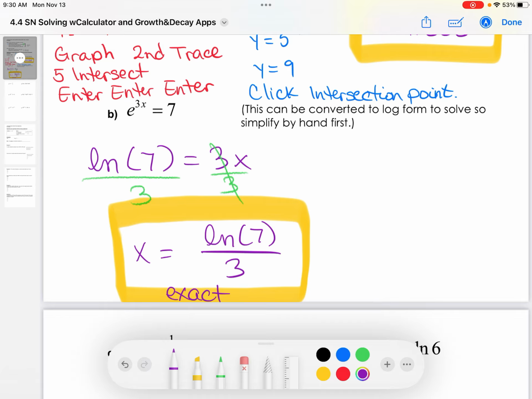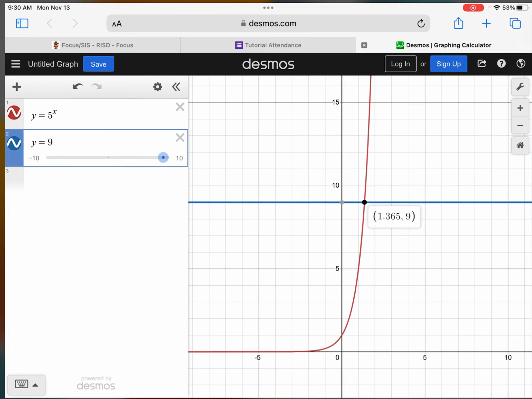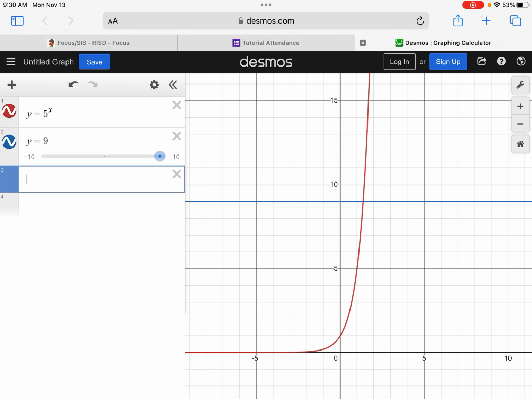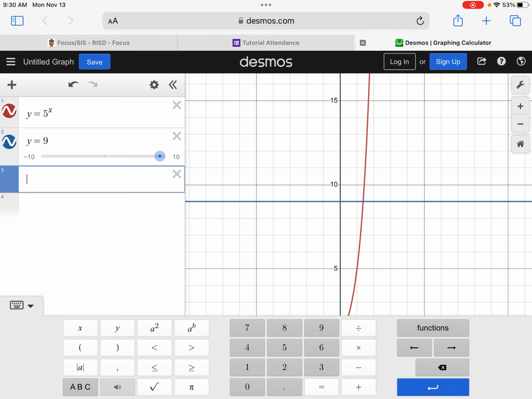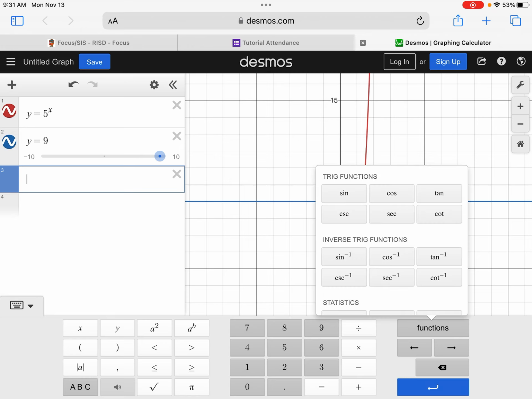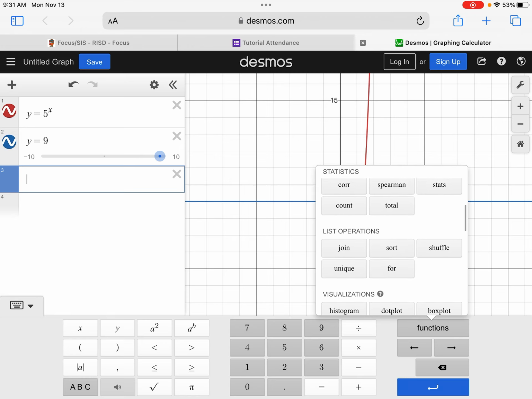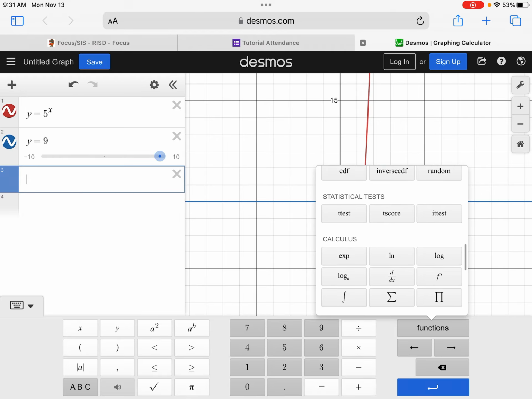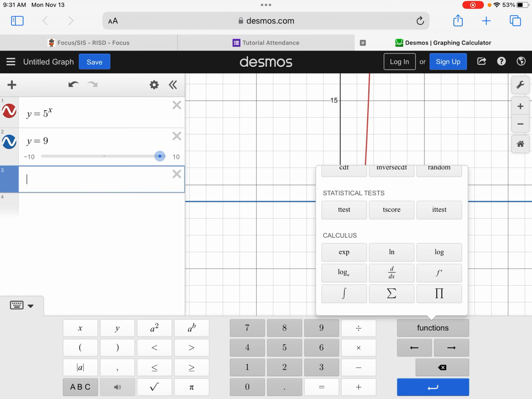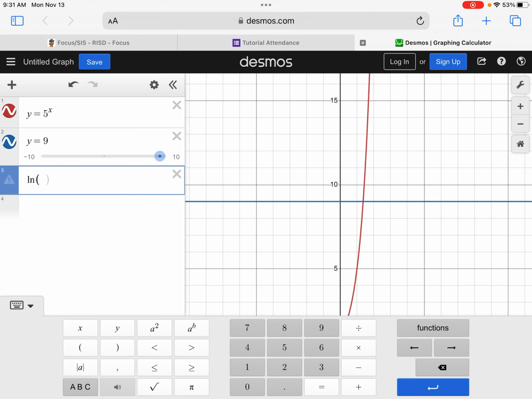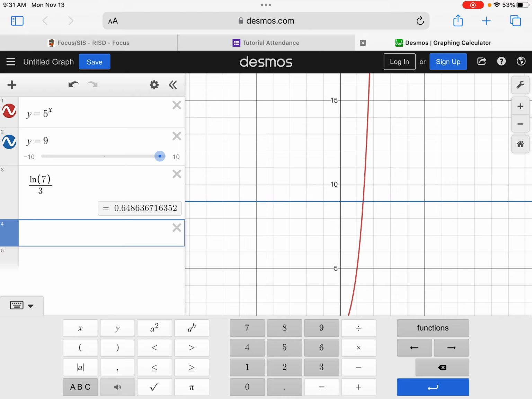Then when we round this, type this in a calculator, natural log of 7 divided by 3. On Desmos, your natural log is under the functions over here on the side, and then you have to go down a little ways to the ones that say calculus. It's okay that it says calculus. Natural log of 7, close that parentheses, and then divide by 3.